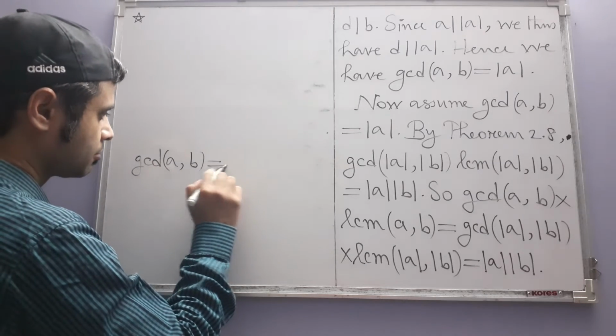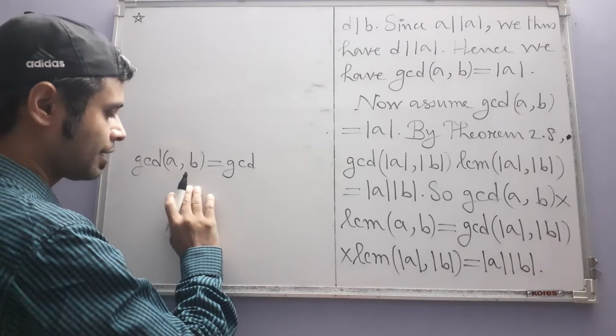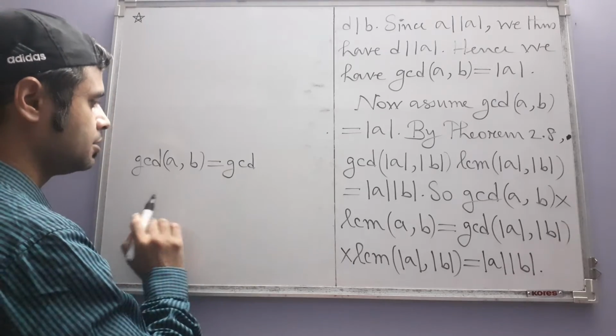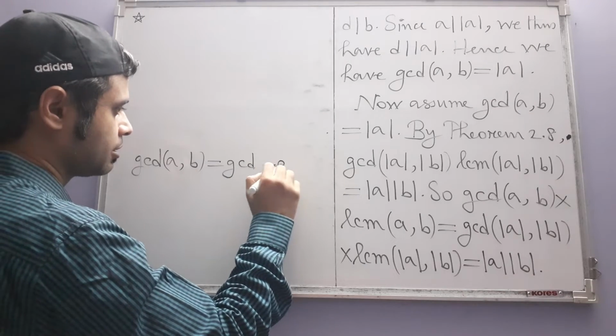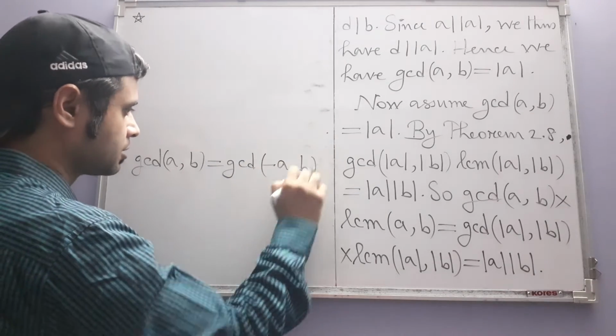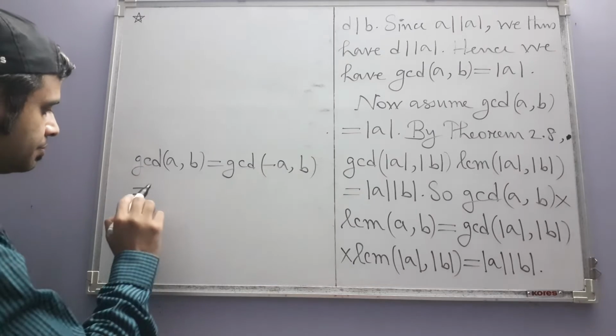Now, if you go to the actual definition of GCD, you will realize that the signs of the numbers do not matter.